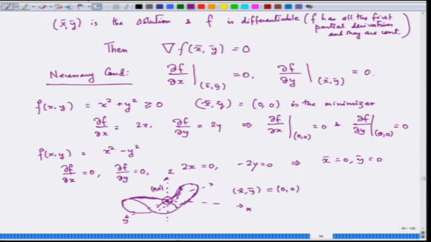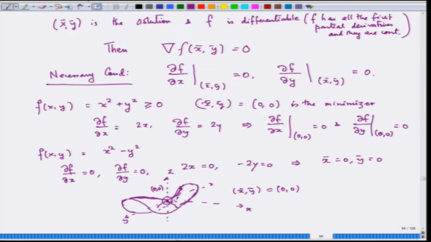So, if you look at this function, that is a very important thing. You have now put x equal to 0, and look at the nature of the function: it is of this form minus y square, so the z values are nothing but z equals minus y square.